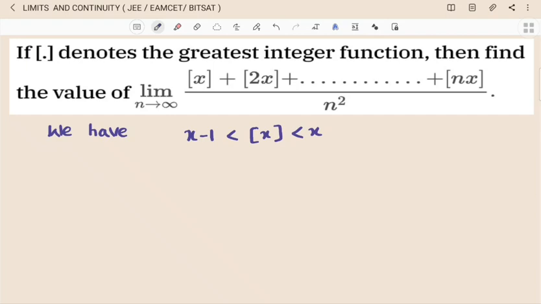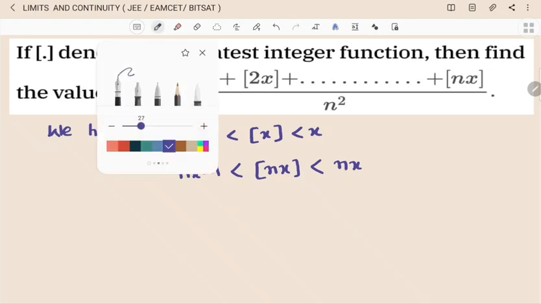So by definition of [nx], similarly, [nx] lies between: nx minus 1 is less than [nx] is less than or equal to nx.